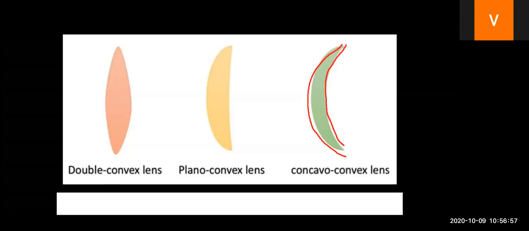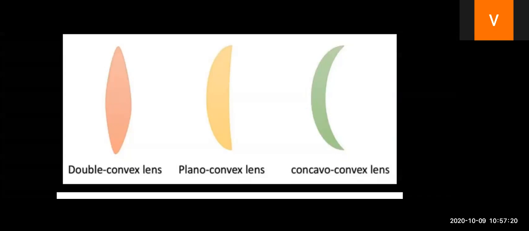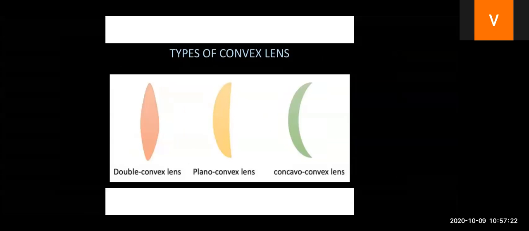Now, if you see, the thickness of the lens has decreased as compared to this, right? Here this lens is formed with a combination of a convex surface and a concave surface. So it is known as a concavo-convex lens.